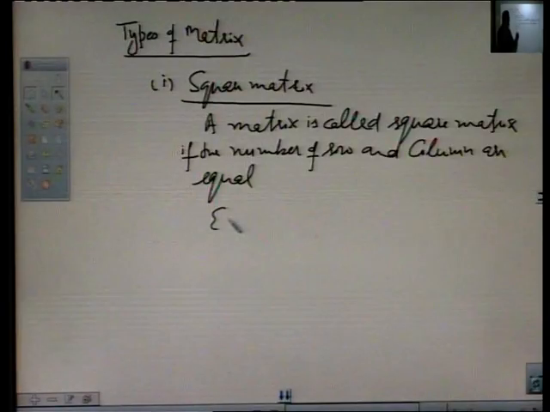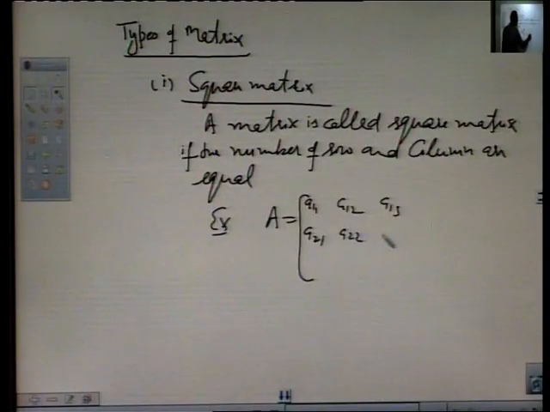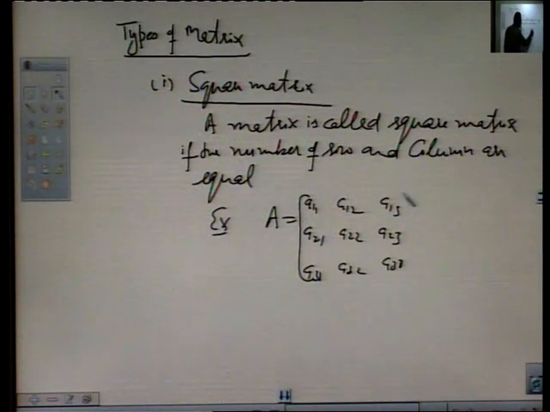For example, A11, A12, A13, A21, A22, A23, A31, A32 and A33 is a square matrix of order 3.